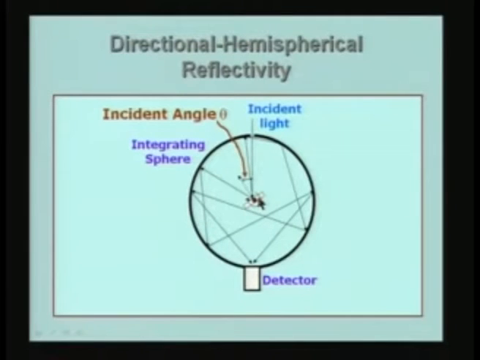And if the sample is opaque, we can relate the reflectivity and the absorptivity, and therefore, this can be used for measuring the absorptivity of the surface also. It is nothing but 1 minus the reflectivity.